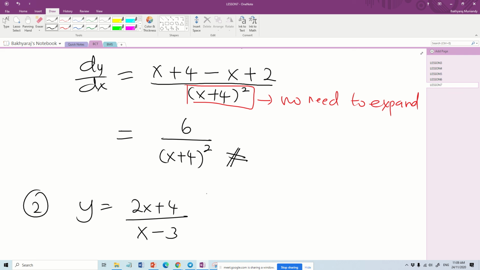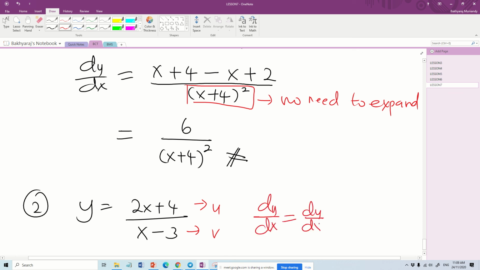So get your u and v. So this is your u, this is your v, and then dy dx sama dengan du dx v minus u dv dx over v square.